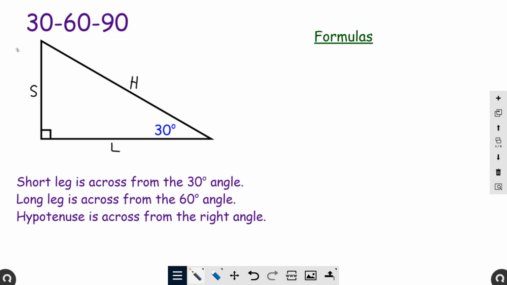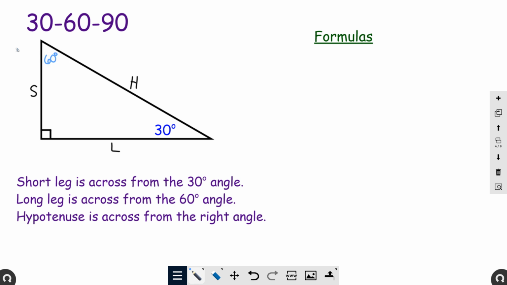So our last new thing for this unit are these triangles that are 30, 60, 90. The 30, 60, 90 represents the angle measurements. So in this picture, I see the 90 degree, I see my 30 degree, and we said the angles all have to add up to be 180 in a triangle, so our missing angle must be 60.